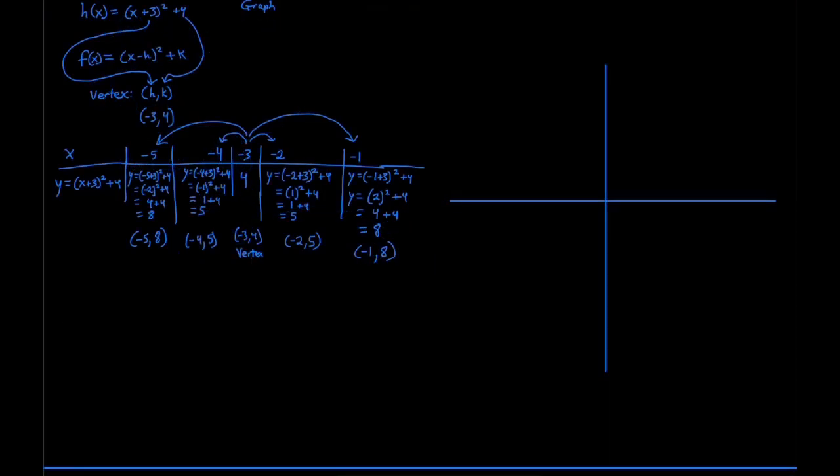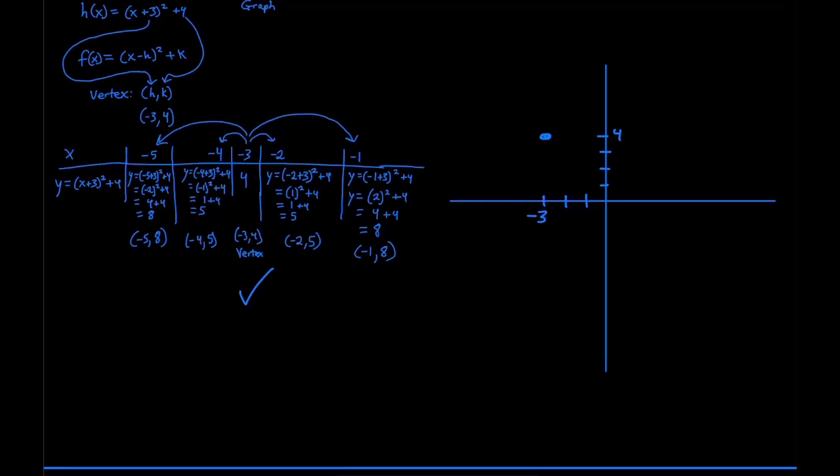Draw a rectangular coordinate plane, and then we'll start with the points. The first one you want to plot is the vertex. This is -3, 4. Let's say this is -3, and this is 4. So the vertex would be here.